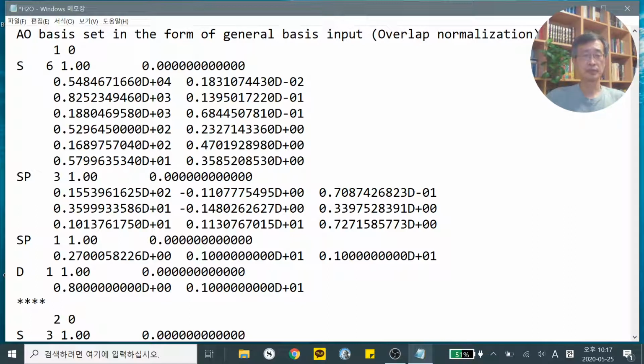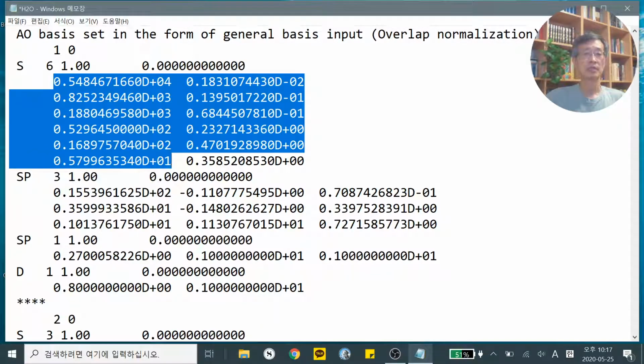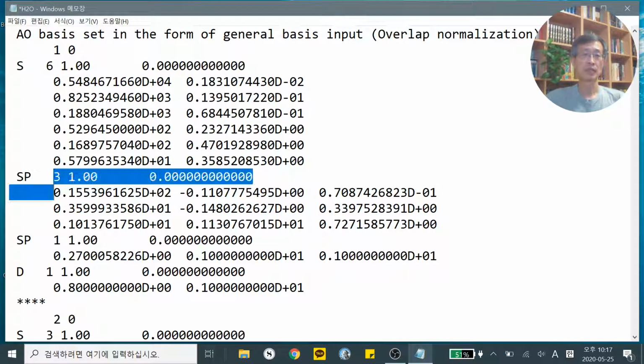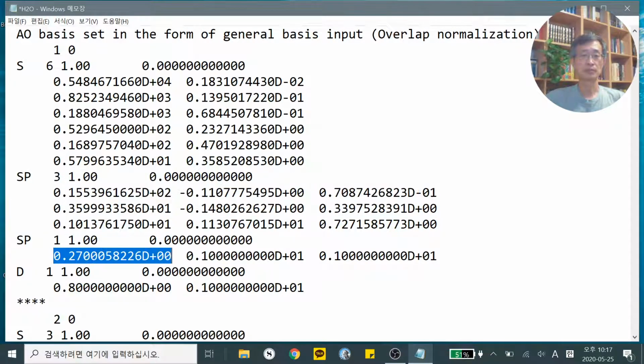Oxygen is second period, so for the core electrons we use 6 primitive Gaussians to represent one contracted Gaussian, and then for the valence electrons, second period, we use 2 sets, with large zetas and one small zeta.